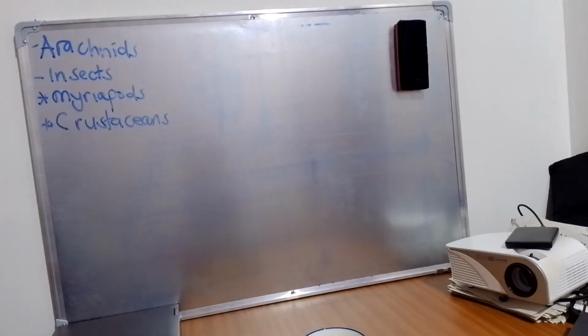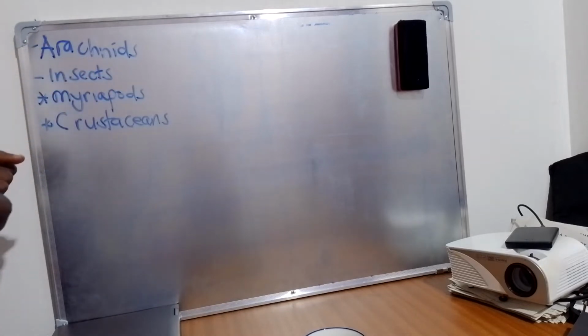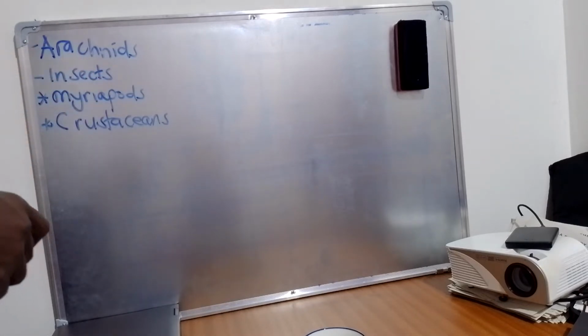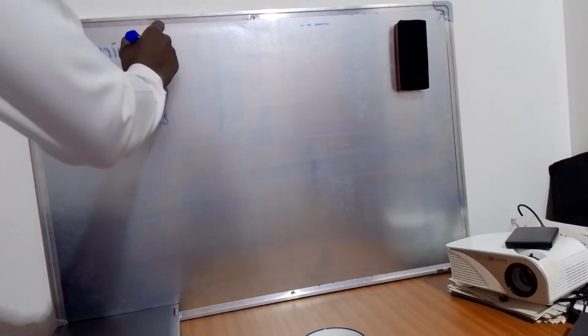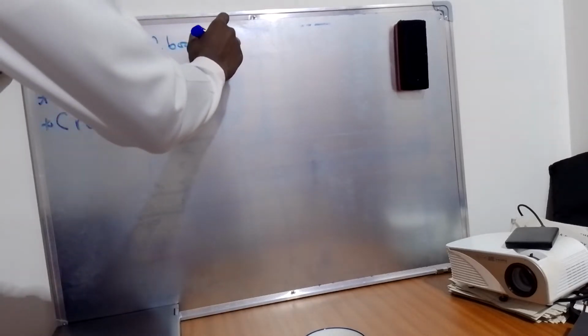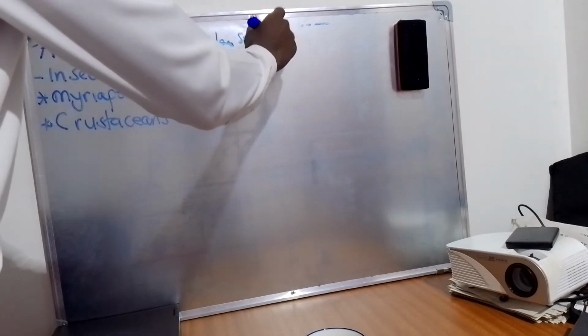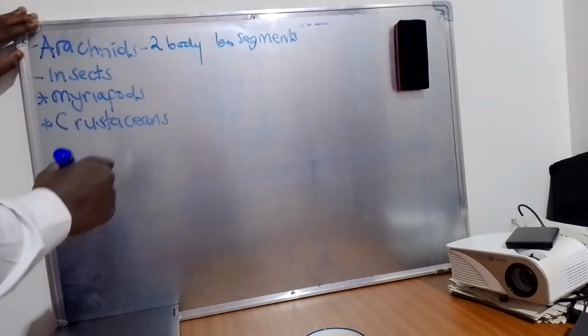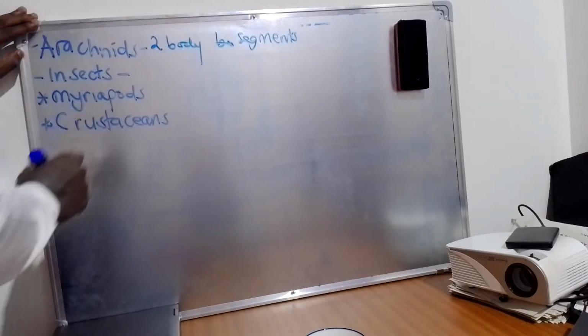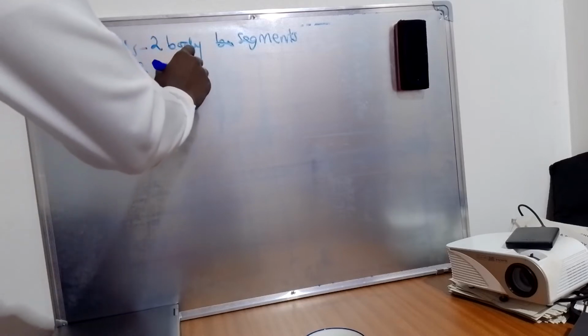Like I said, these are arthropods, invertebrates whose bodies are segmented and they have jointed legs. We remind ourselves that arachnids have only two body segments, and insects have three body segments.